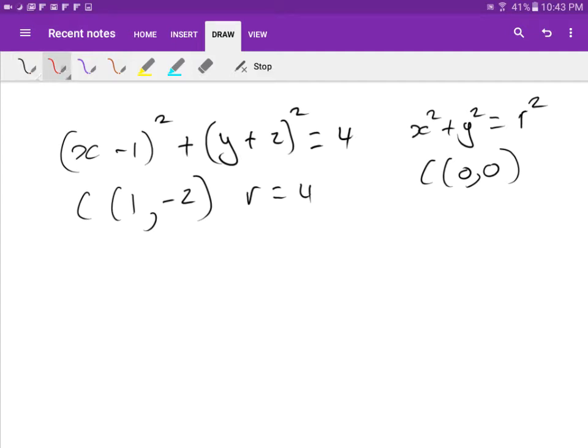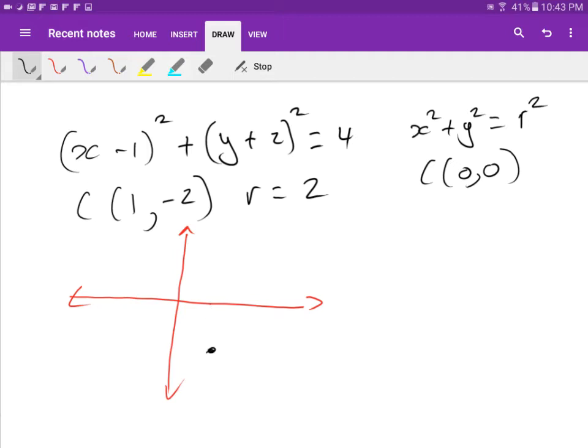Now to sketch this, it just goes like this. Sorry, the radius is 2 here, apologies. Okay, the radius is 2, so the center is 1, minus 2, so you go 1 across, 2 down, roughly here.